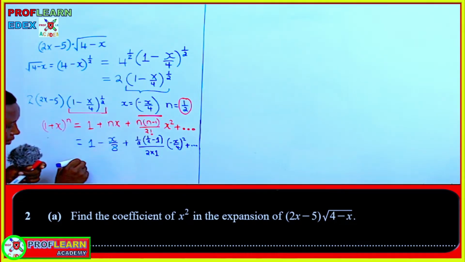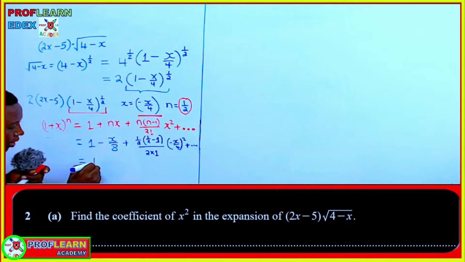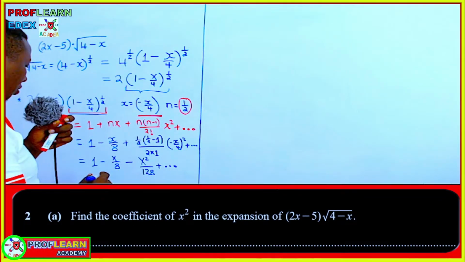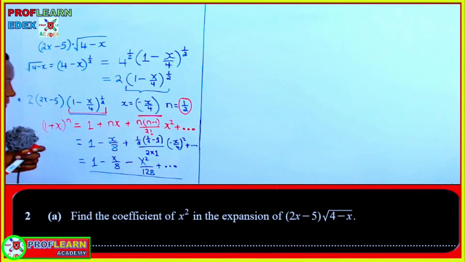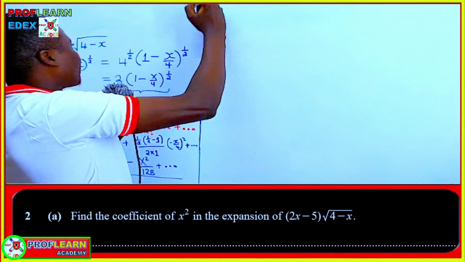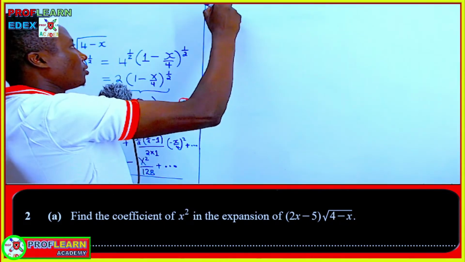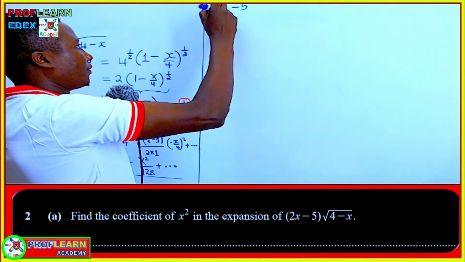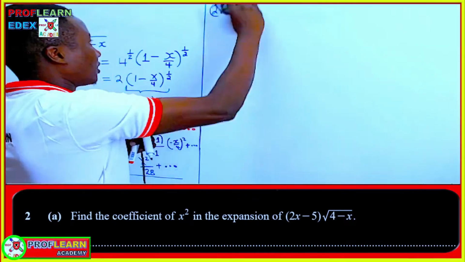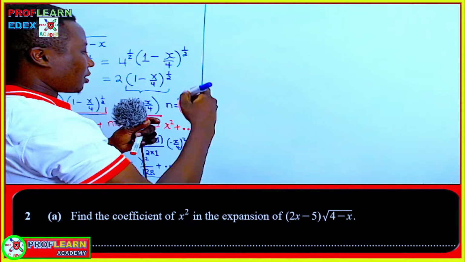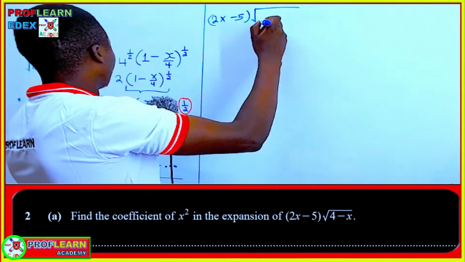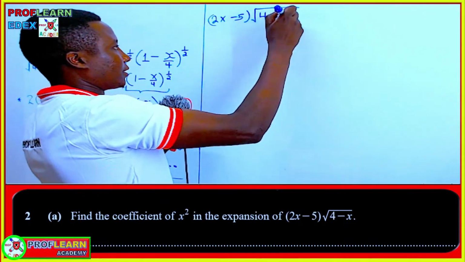Finally, go back to the original expansion, because we know that this part here can be represented by expansion. Our expansion was 2x minus 5 times the square root of 4 minus x.